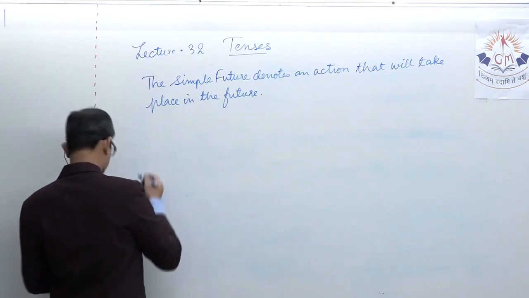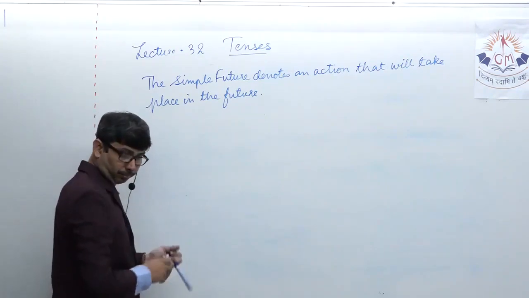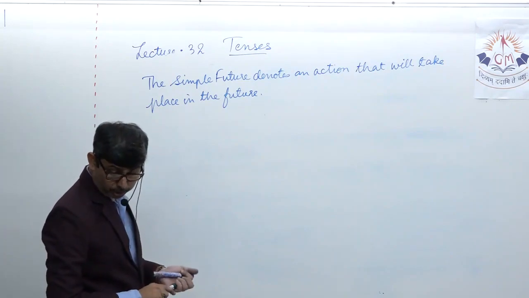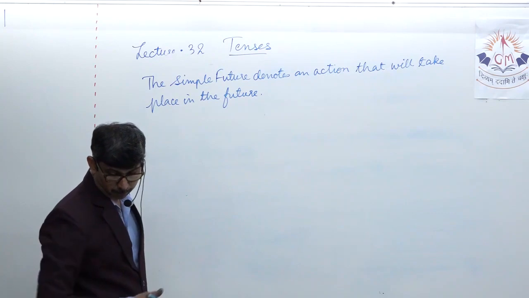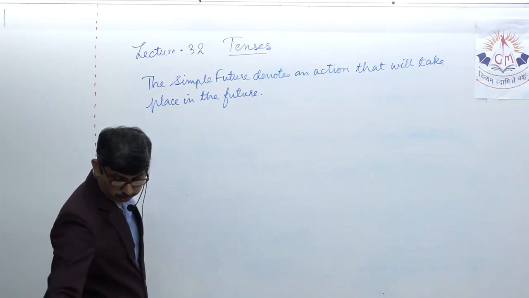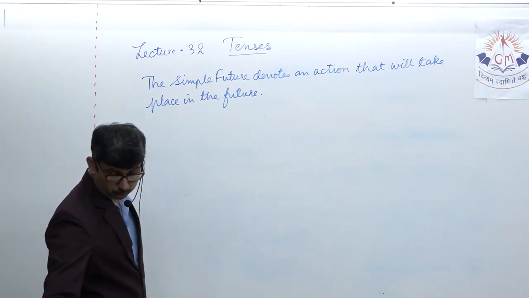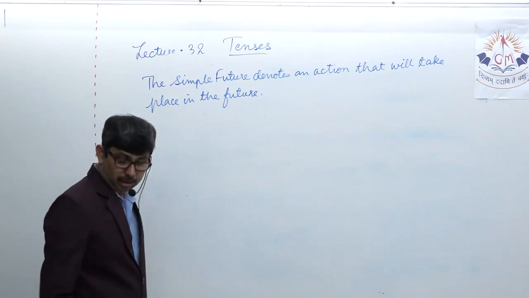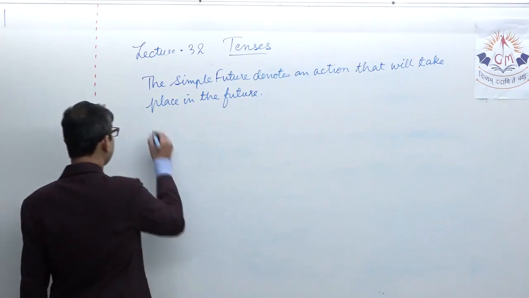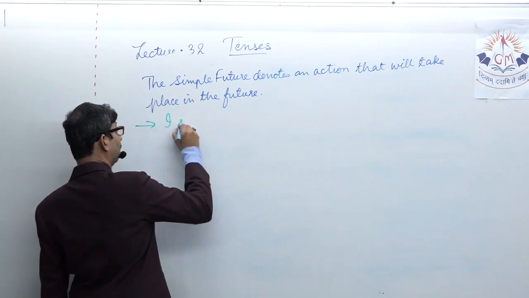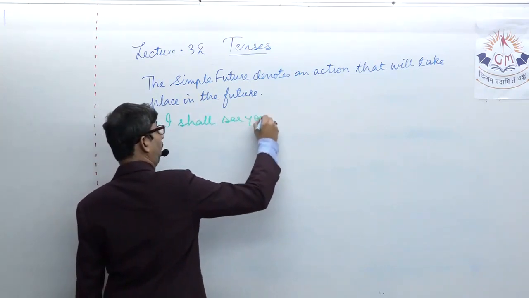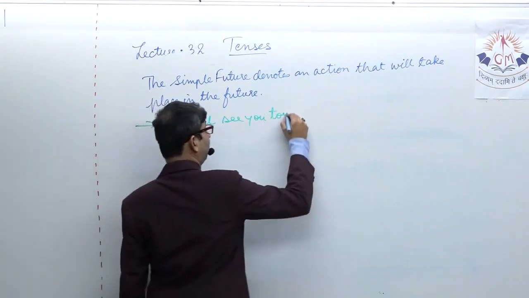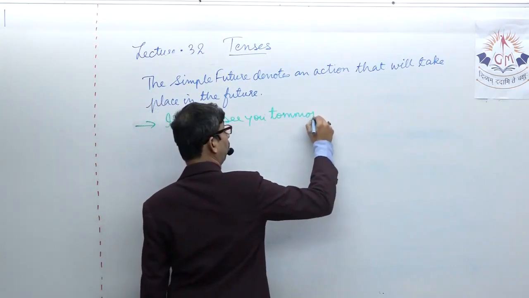To express a future action, the simple future, use the verb in the base form, and I write, I shall or I will see you tomorrow. So the time mentioned over here is tomorrow.